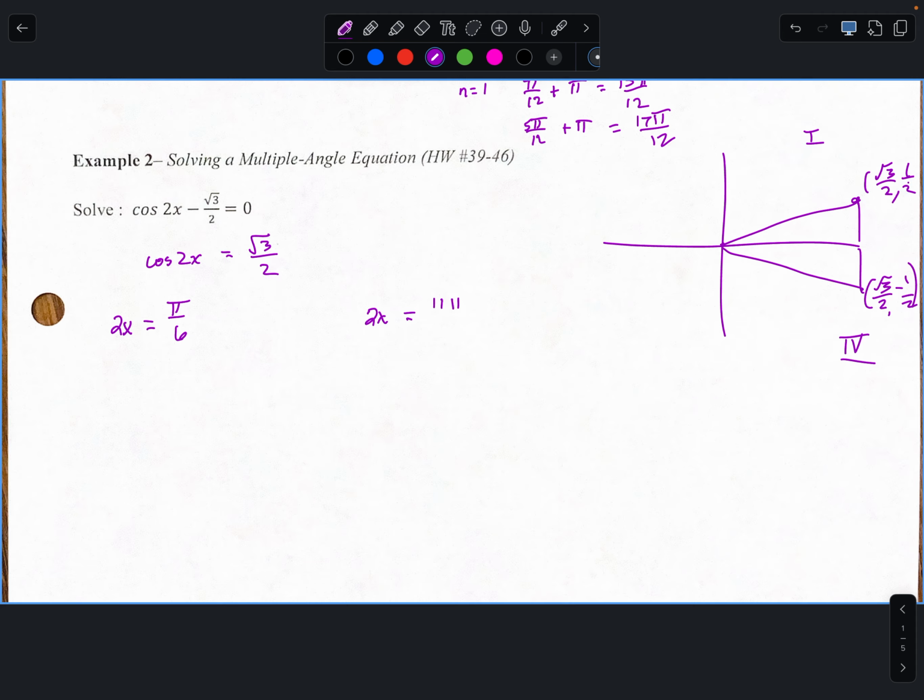And so then we are going to go plus 2 pi n and plus 2 pi n here. So you write the infinite solution set before you divide by 2. And then when I divide by 2, it's the same as multiplying by 1/2. You get pi twelfths plus pi n, and here you get 11 pi twelfths plus pi n, where n is an element of the integers.